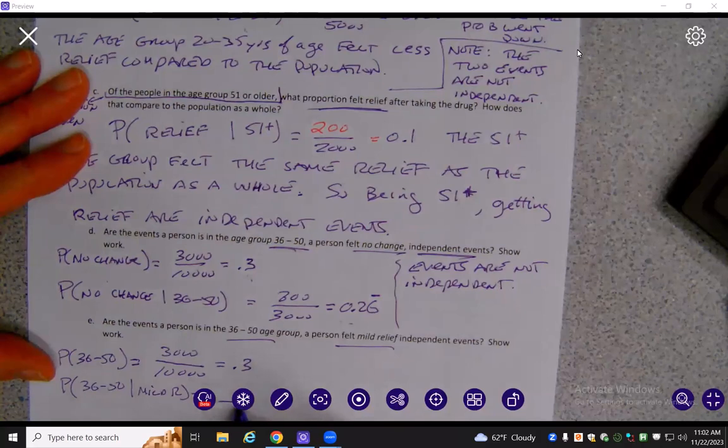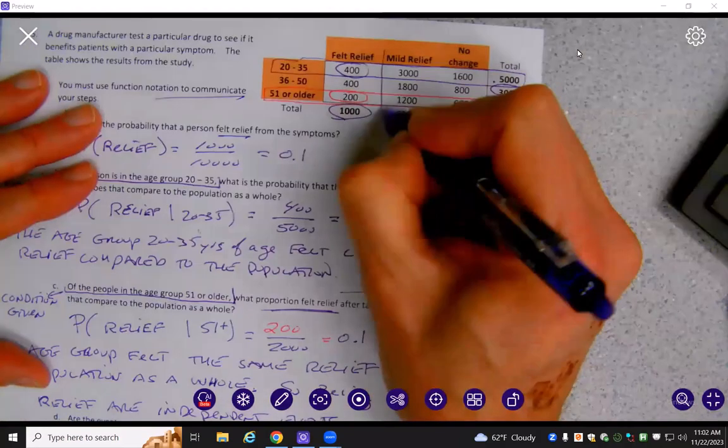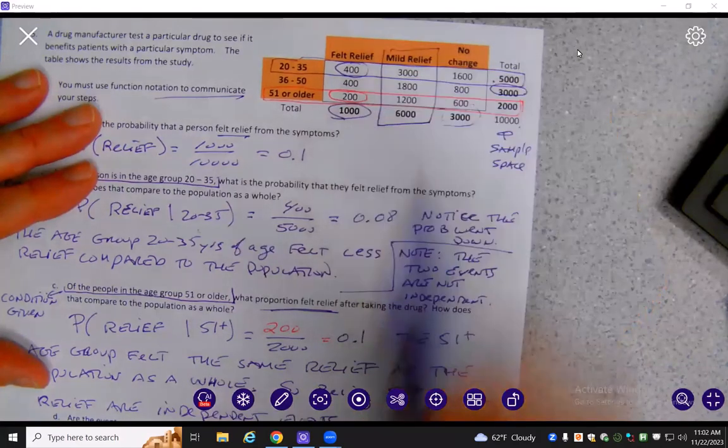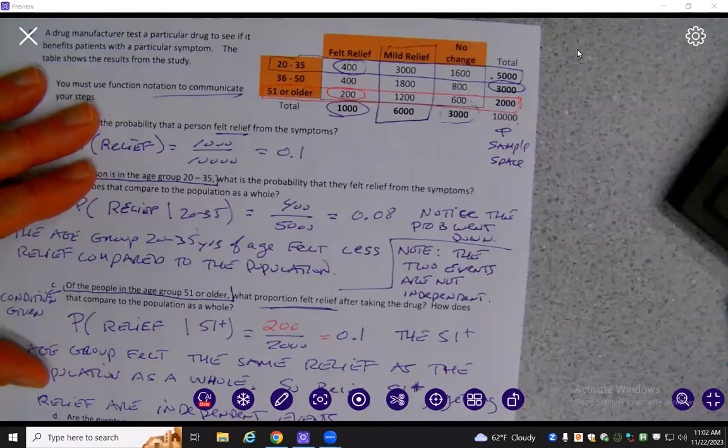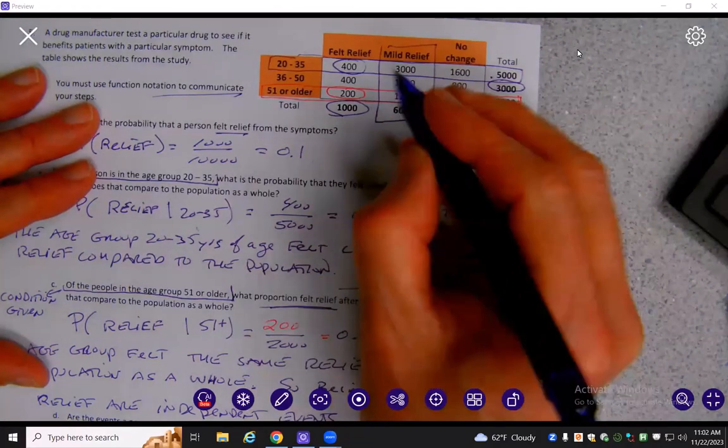Now mild relief is my whole. So I need to figure out the mild relief, which is 6,000. Now I'm only looking at mild relief. That's my new reality. Only mild relief. But what I'm after is the age group 36 to 50.